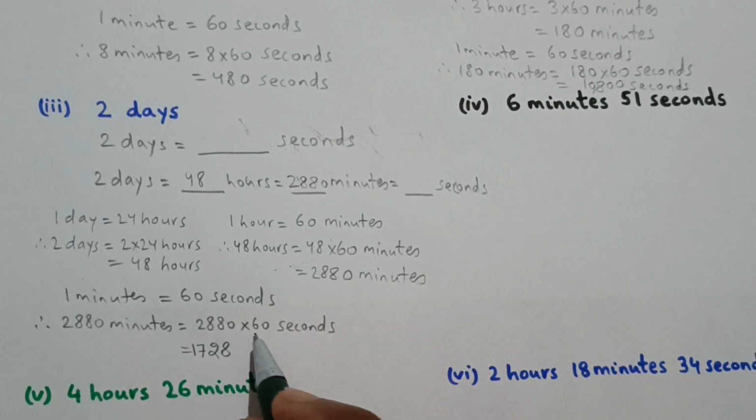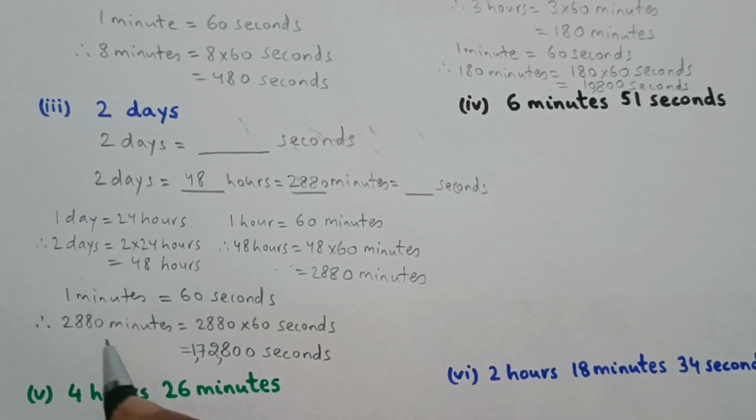So 288 into 6 is 1728, and then add these two zeros at the end. So we have 1,72,800 seconds. So 2880 minutes is 1,72,800 seconds.